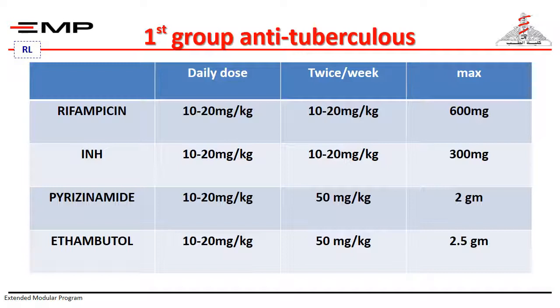We have the first group, which is the first choice: rifampicin, INH which is isoniazid, pyrazinamide, and ethambutol. They have doses, daily doses or twice per week doses, or the DOT technique for therapy, and I will mention this to you later.